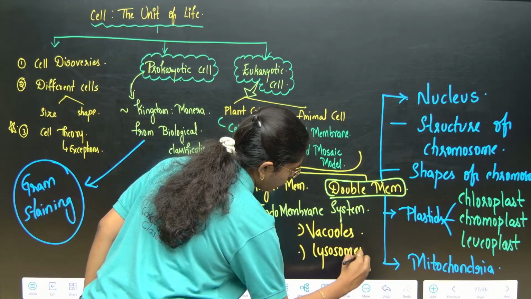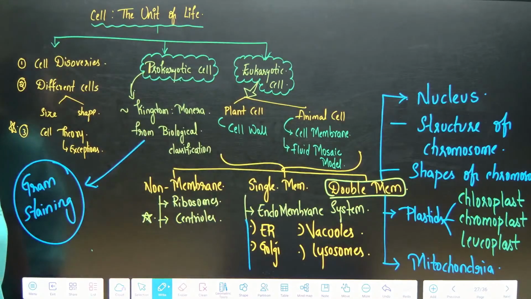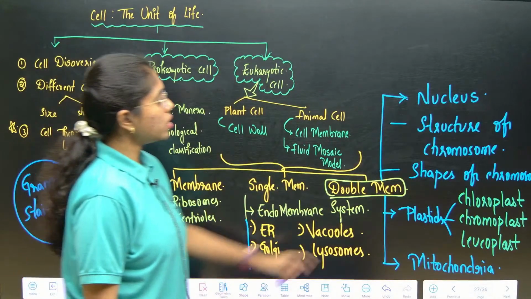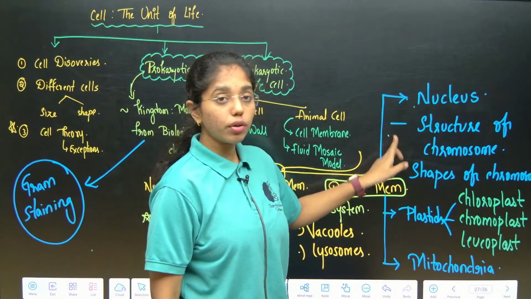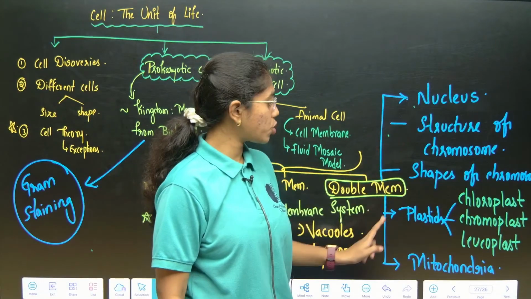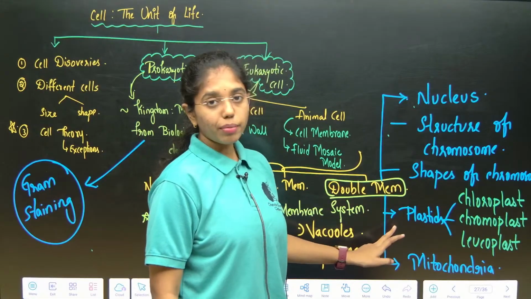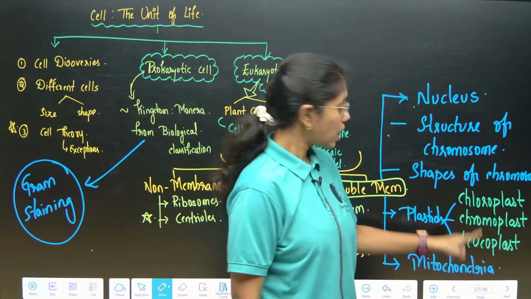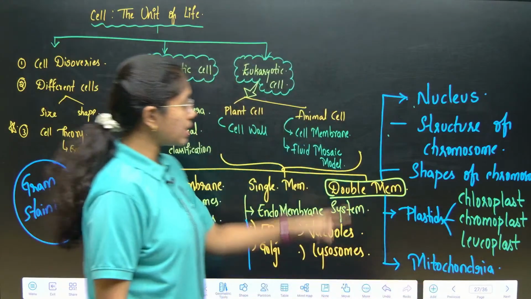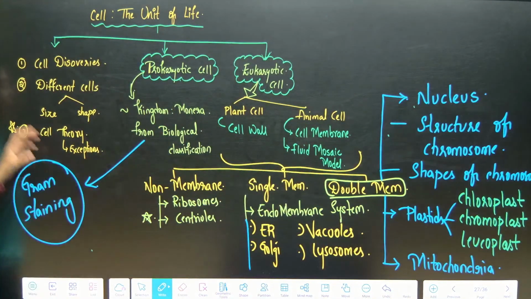Okay, these are the 4 organelles that you have to go through. And then double membrane bound organelles, first nucleus, when you are going through nucleus, about structure of chromosomes and shapes of chromosomes. Then double membrane bound organelle plastids, you have to go through chloroplast, chromoplast and leucoplast. Lastly, it is mitochondria. These are the double membrane bound organelles, and this is the complete framework of this chapter.